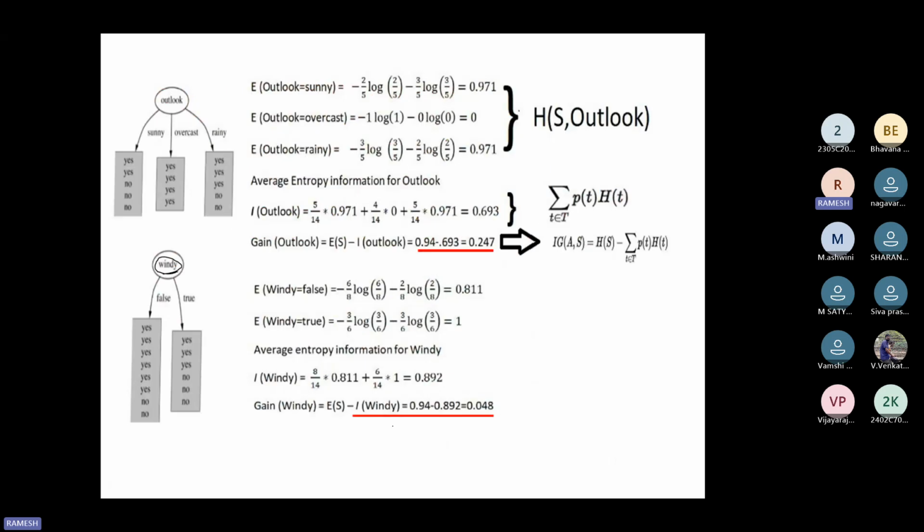The entropy of wind we got, I think it is strong and weak, so totally 0.892 is the entropy of wind. In the same way we can calculate Gini, we will calculate later.